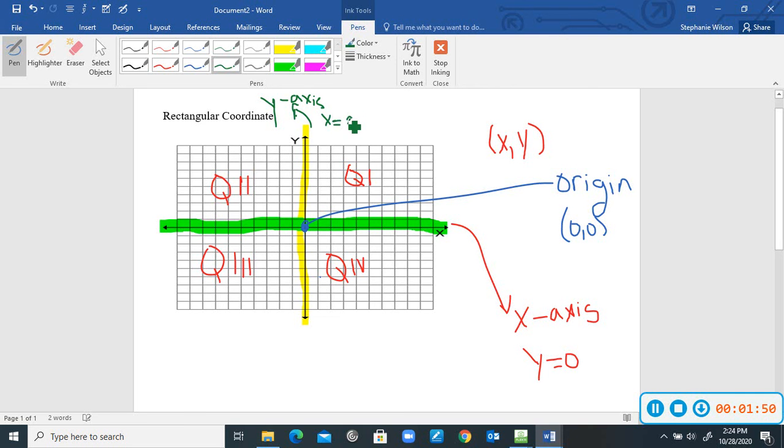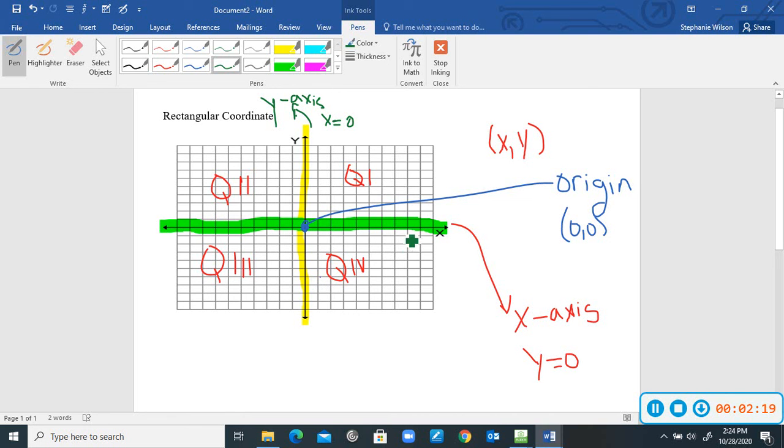So what is this saying? When I cross the x-axis, it gives me an x-intercept. So anywhere on this line that I cross, y will always be 0. And anytime we cross the y-axis, my x will be 0.